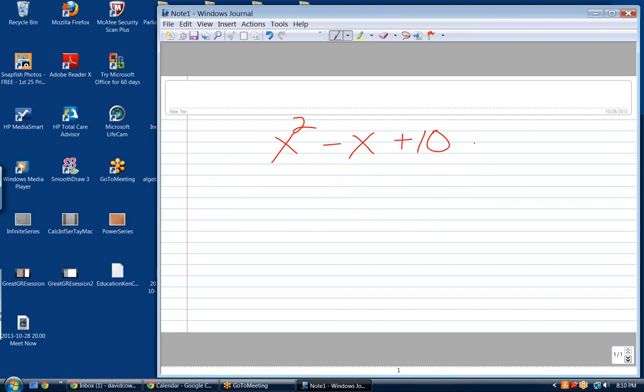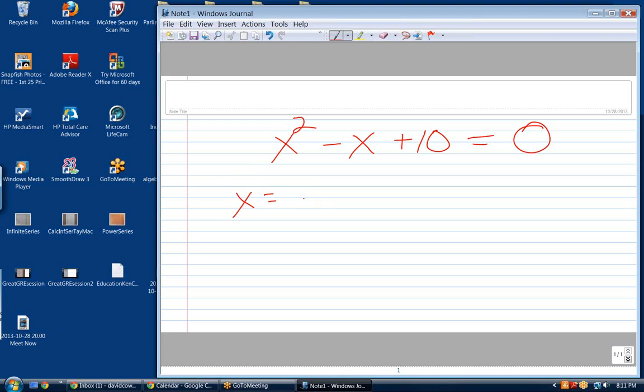I'm going to say this is equal to 0 and I want to find the values of x that make this equal to 0. If something isn't factorable, what do you have to use? Quadratic formula. Okay.